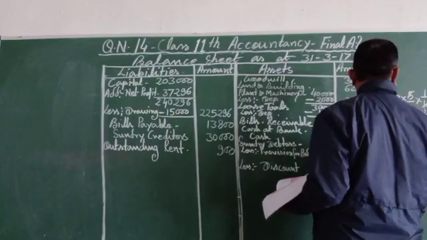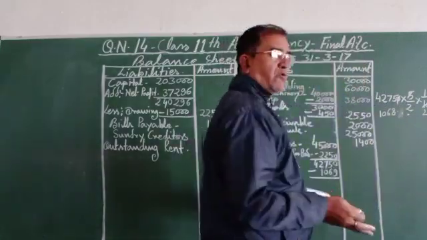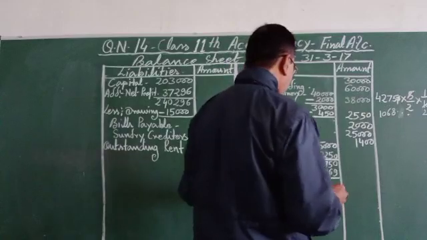In round figure, 1,069 will be the amount.